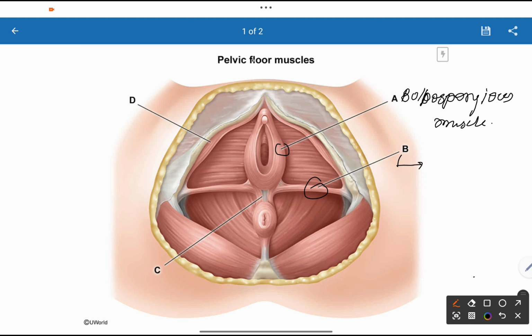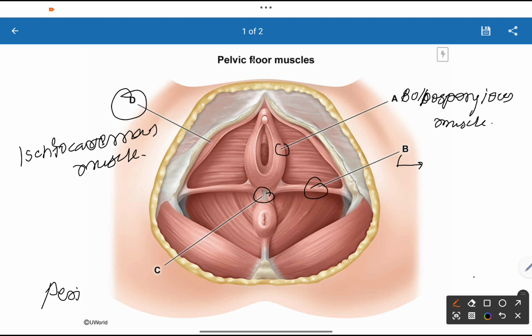I think this muscle, D, is the ischiocavernosus muscle, and this part is called the perineal body. And this part, I think, is the superficial transverse perineal muscle.